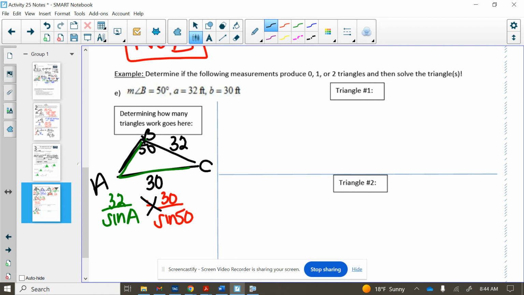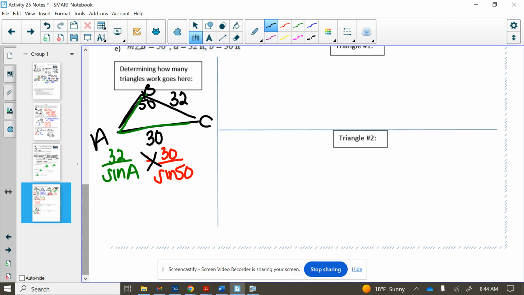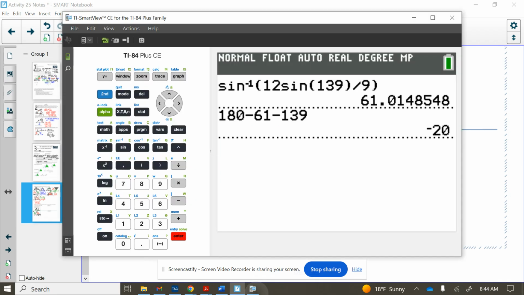If we cross multiply to solve and take the inverse, we end up with 32 times sine of 50, and then divide that 30 over to get the angle A by itself after we inverse.